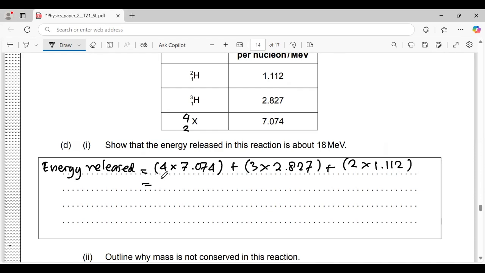If you calculate, the result is 17.61, rounded to 18 million electron volts.